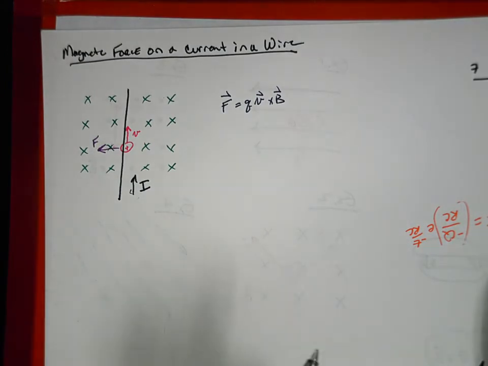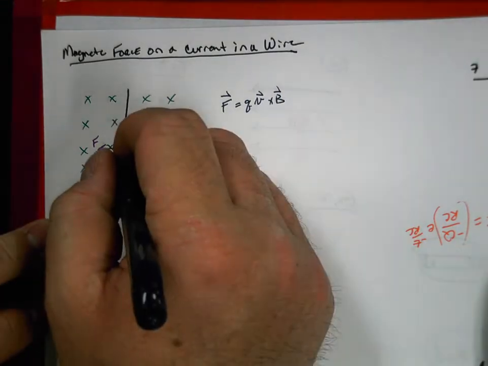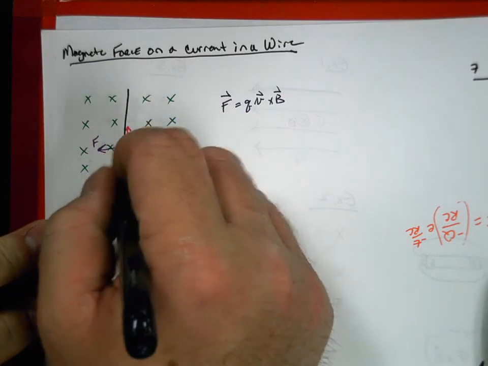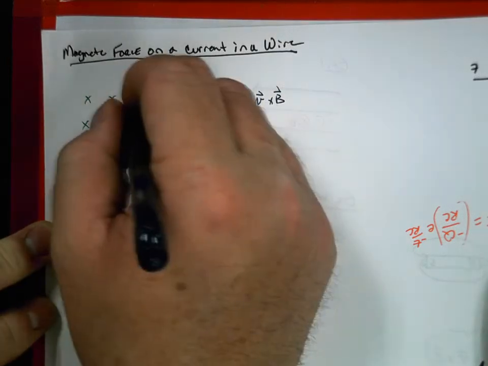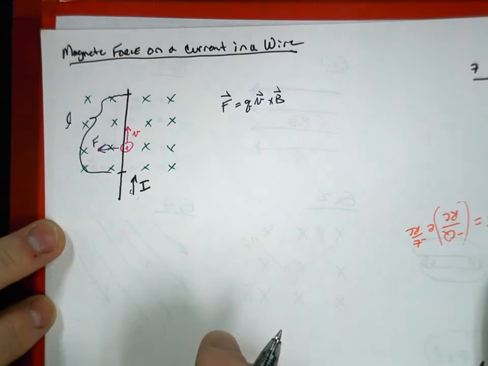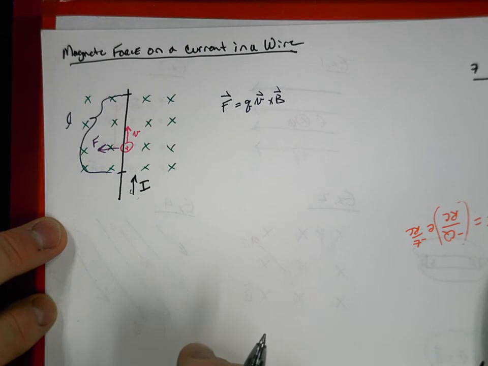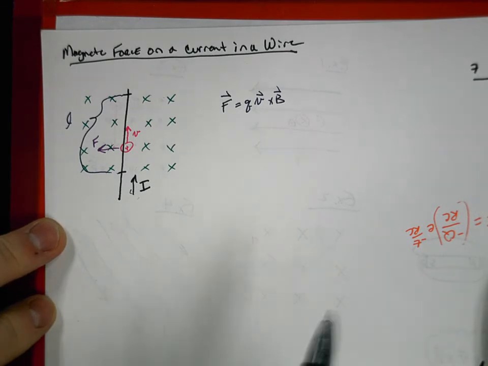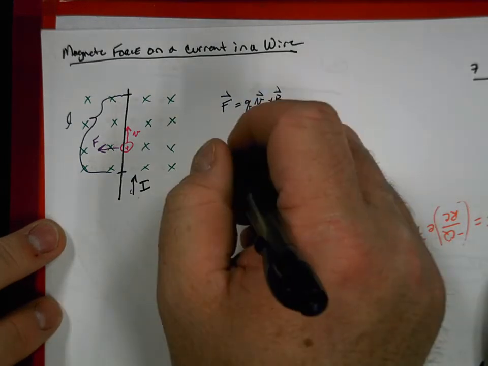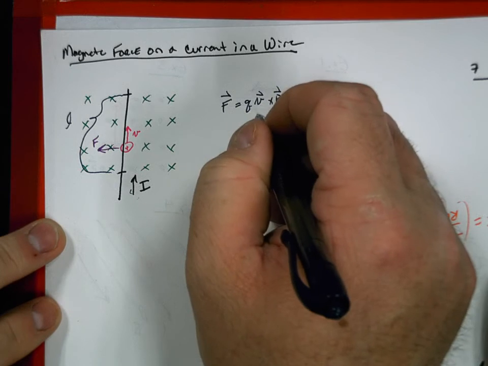Well, we're going to rewrite this a little bit. This particle is going to experience a displacement, say from here to here, and we're going to call it L, the length of the wire through which it travels in the magnetic field. Think about our units here. This is charge times meters per second.